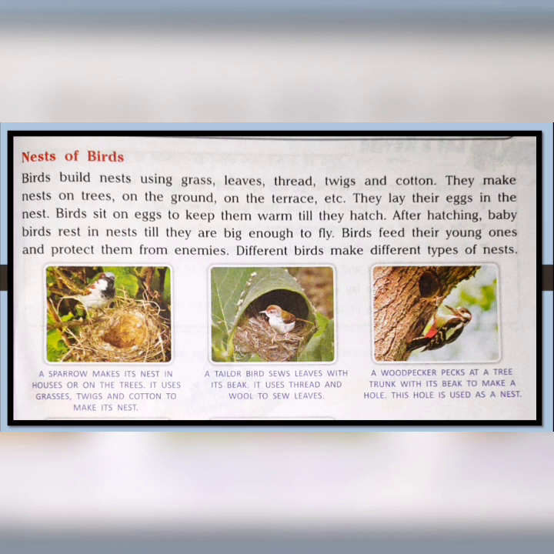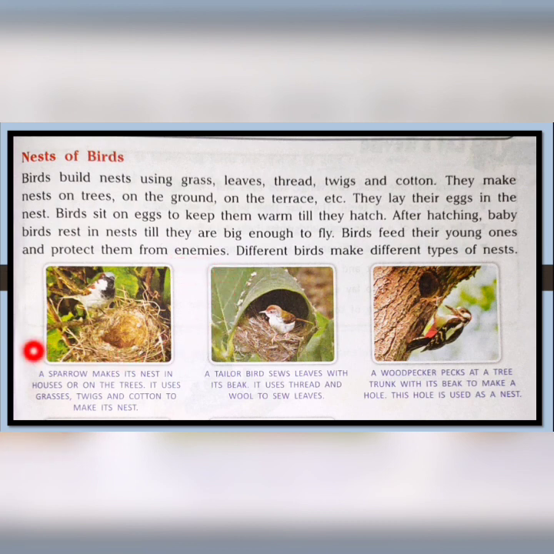There they lay their eggs and keep their eggs warm till they hatch. After hatching, baby birds rest in the nest till they are big enough to fly alone. And birds feed their young ones and protect them from their enemies.